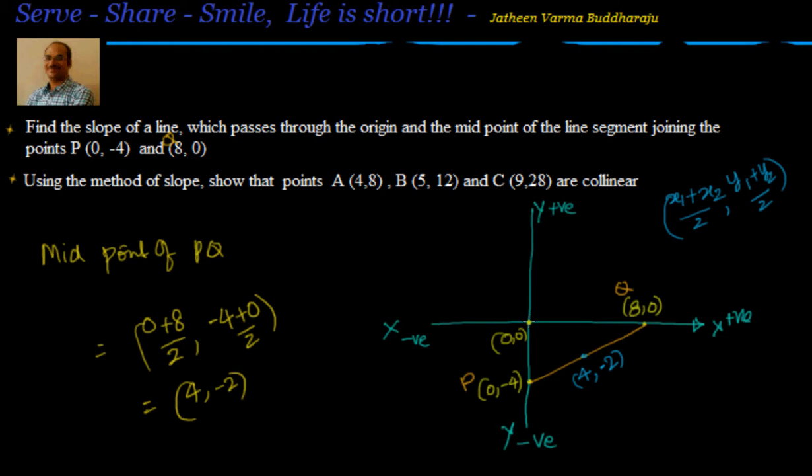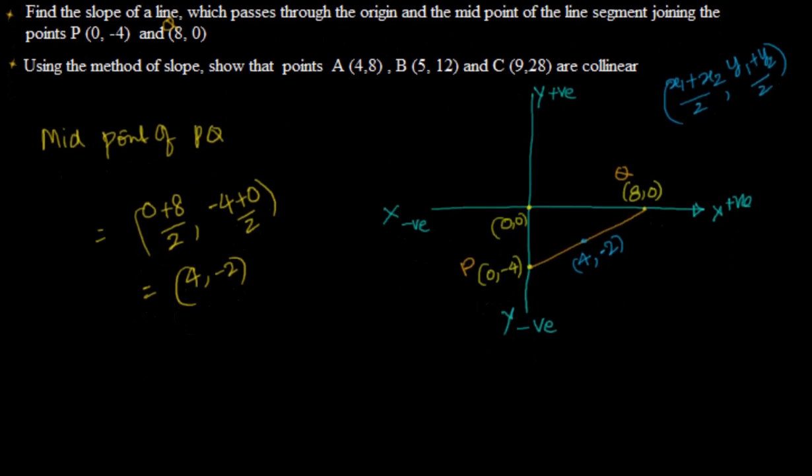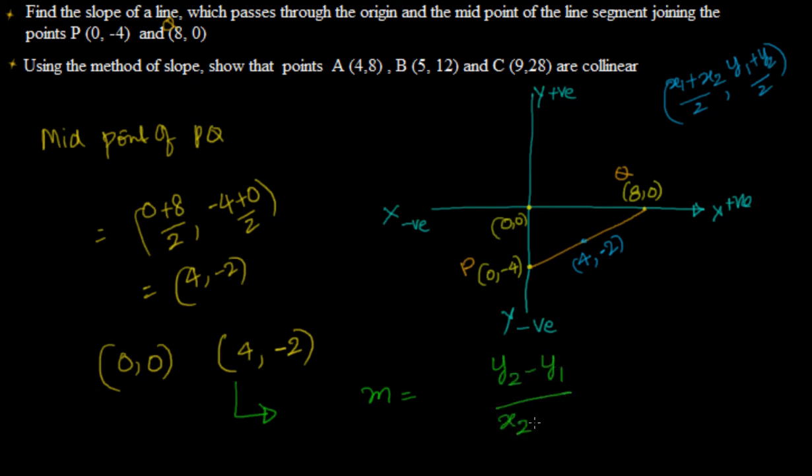Now that is one point, and another point is (0, 0). So we have to find the slope of the line with 2 points. Now we know both the points. One point is origin and another point is (4, -2). Now it's very easy. We can find out the slope by using the formula m equal to y2 minus y1 by x2 minus x1.